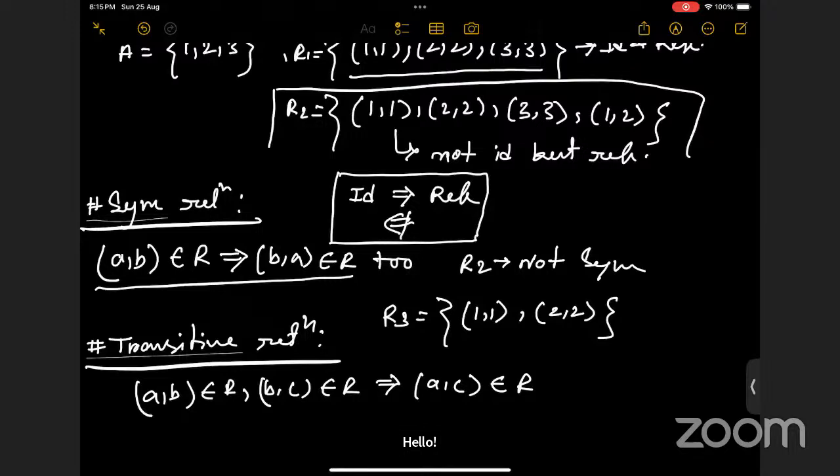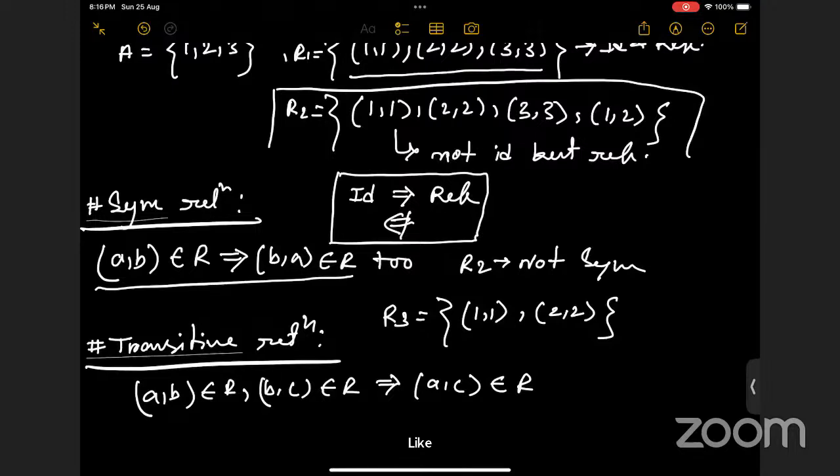When you are saying no, you must have some example in your mind, okay? Ma'am, it is not transitive as (1, 2) doesn't have an image like (2, 1).